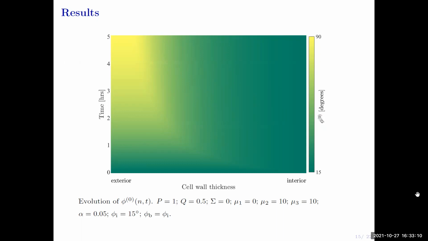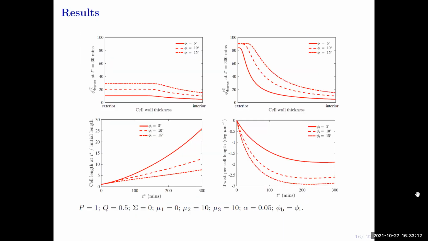So here's another view of this evolution. We're looking at a couple of snapshots. If you just focus on the top row for now, a snapshot early on and a snapshot much later. If you look at the dash-dot line, that's where the initial fibers are all at 15 degrees.